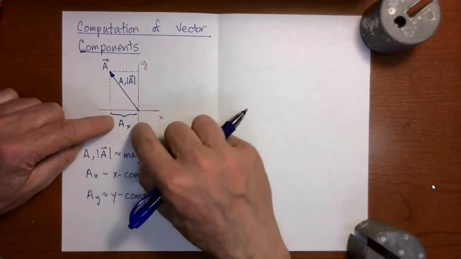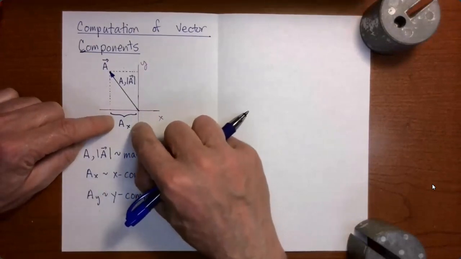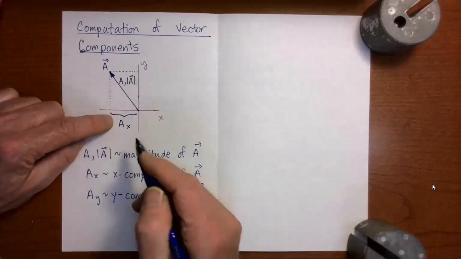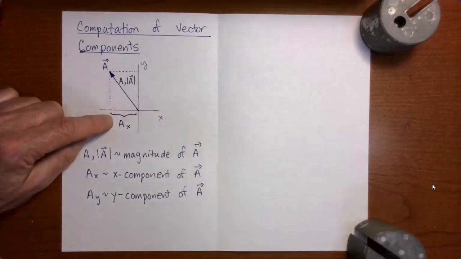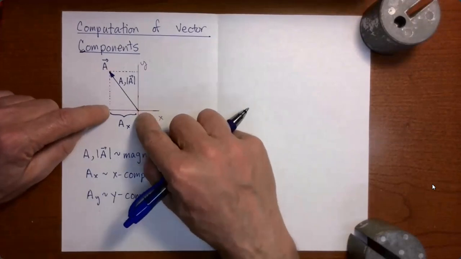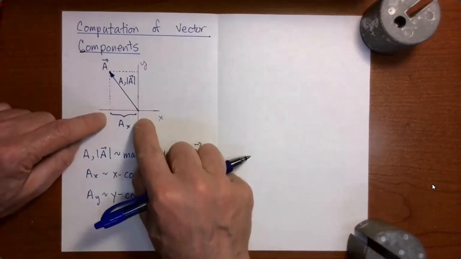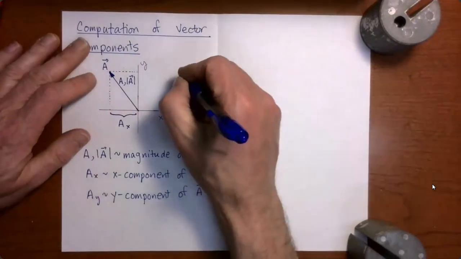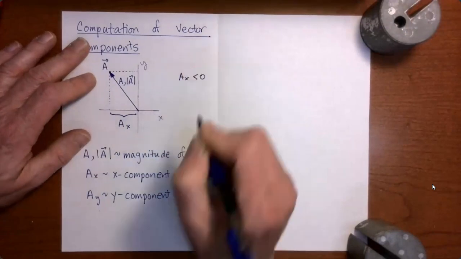When we write a notation like that, A sub X, to indicate the component of a vector, we do not put an arrow on top. The component of a vector is not itself a vector. Another thing to notice here is that the X component falls onto the negative X axis, so we would say that the X component is negative.